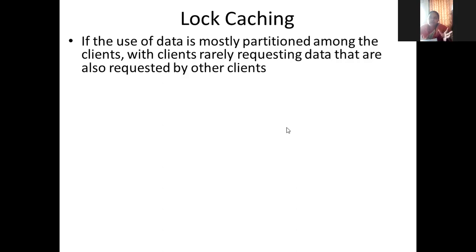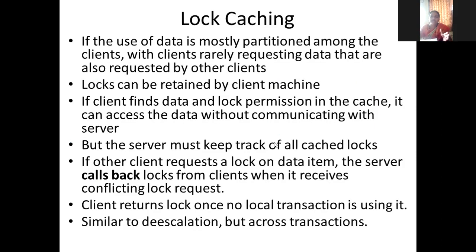Suppose client one performs a transaction and requires data A and B. Before performing that transaction, the server locks that data, and other clients may also request the same data. At that time, the lock can be retained by the client machine, and if the client finds the data and lock permission in the cache, it can access the data without communicating with the server.